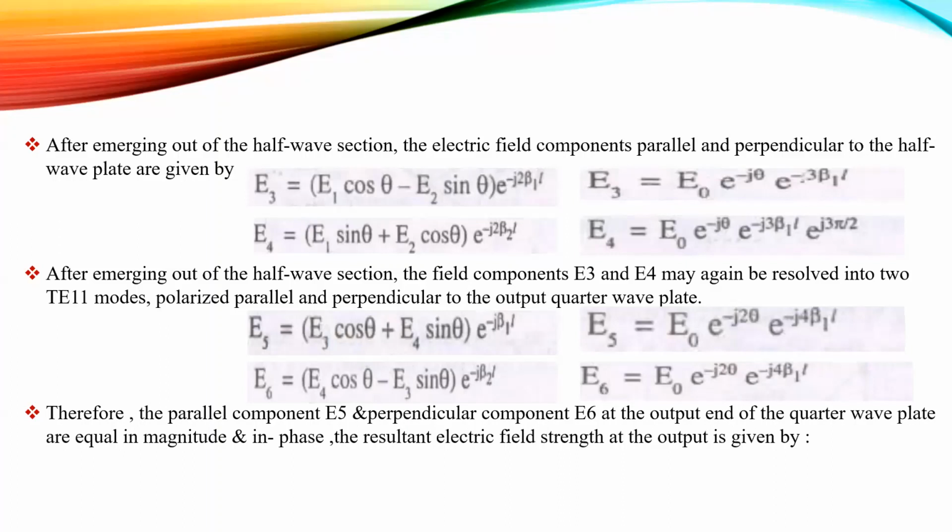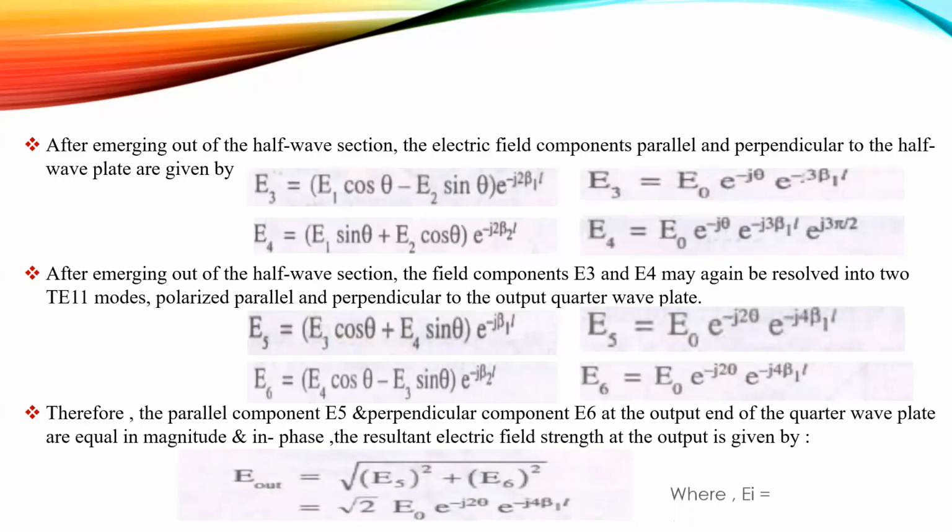So the resultant electric field strength at the output will be E out equal to the square root of E5 squared plus E6 squared. If you substitute the above equations, we get root 2 E0 e power minus j2 theta, e power minus j4 beta1 L.